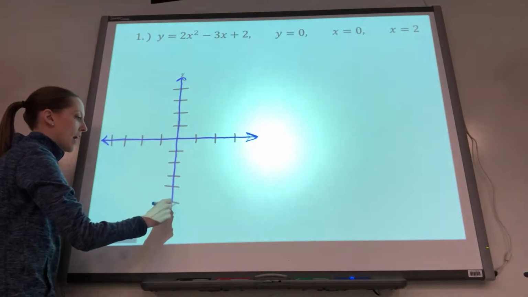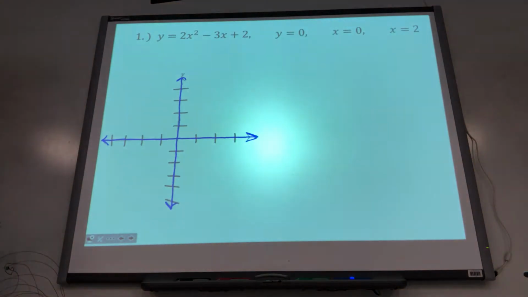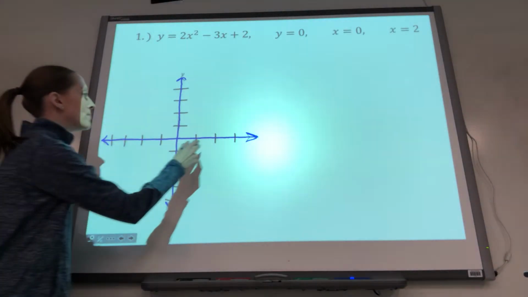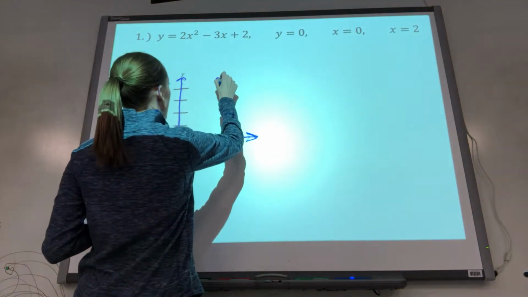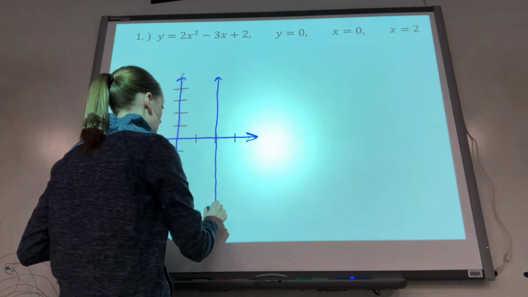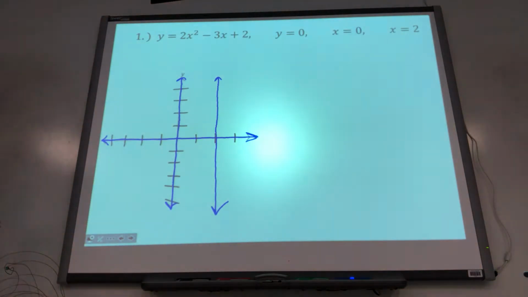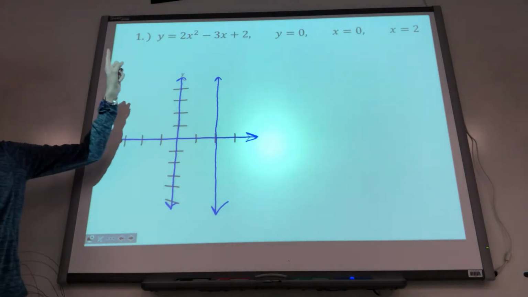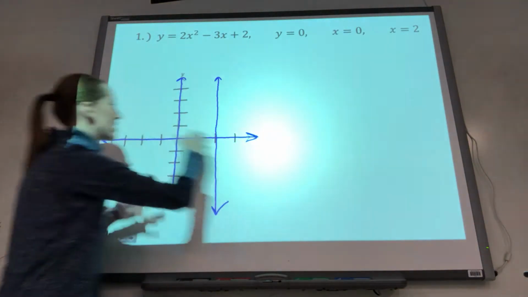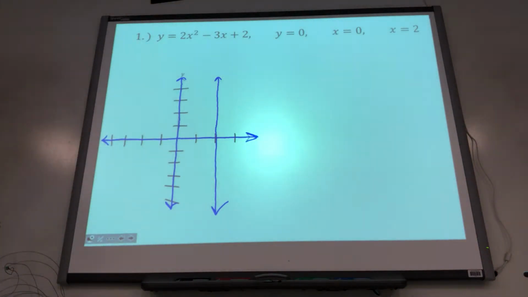I'm not really sure how far I need to go here, so I'm just kind of doing it all the way for right now. And then x equals 2. I don't have lines up here, so I'll do my best, but that is just a vertical line at x equals 2. So the parabola is going to help me kind of fill in everything else in between.